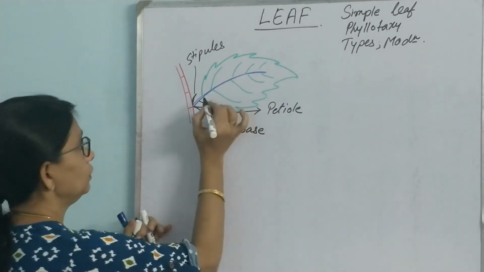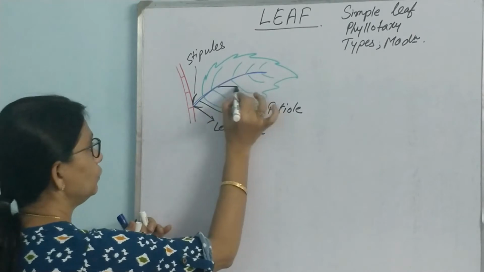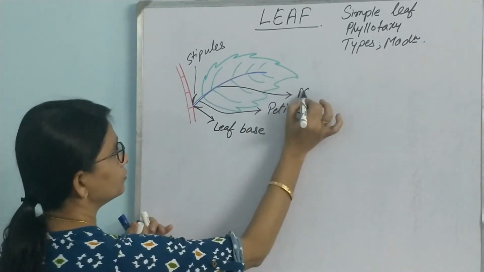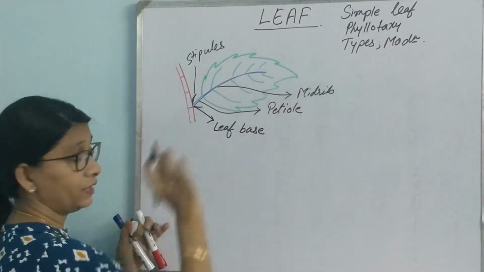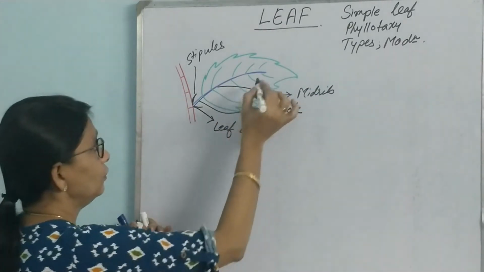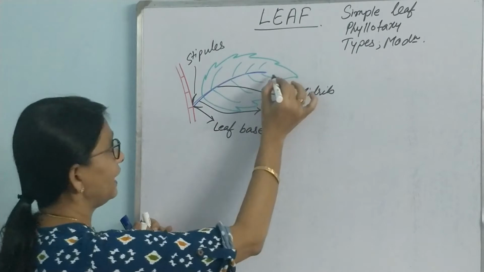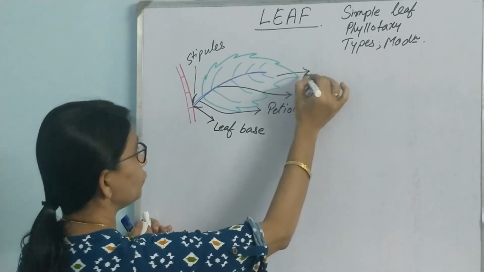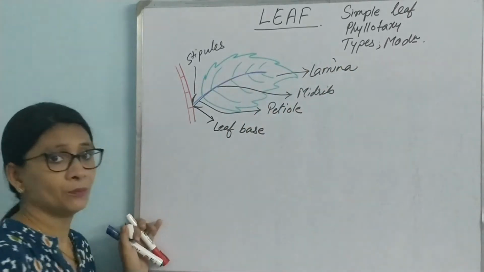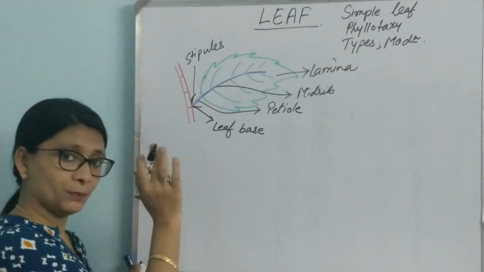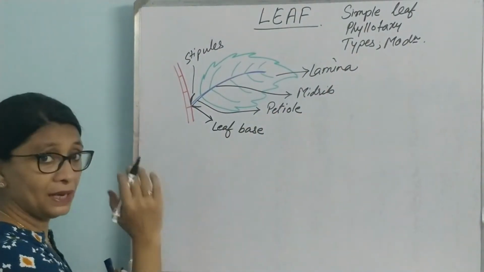Petiole continues into midrib, the main vein of the leaf. From the midrib comes out veinlets, and the flat portion of the leaf is known as lamina. These are the basic structure of a typical leaf, simple leaf.